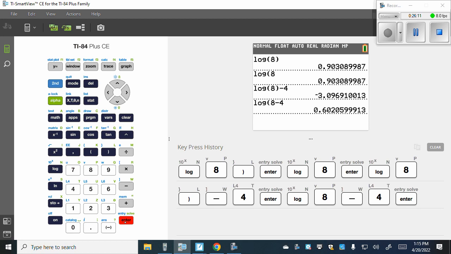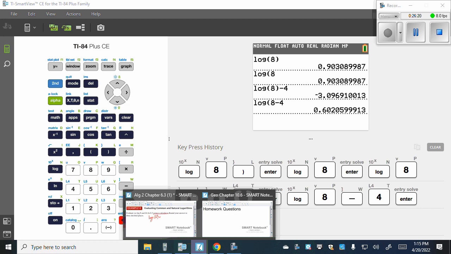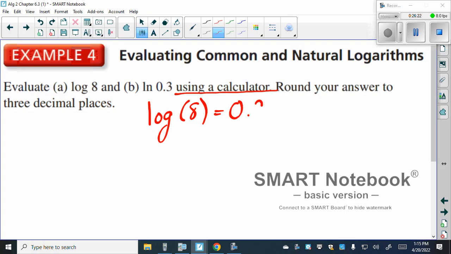Where on the first one, we wanted to take the value of log of 8 and then subtract 4 from that. So there's a difference between those. So log of 8, we're taking the logarithmic function and finding its value at 8.